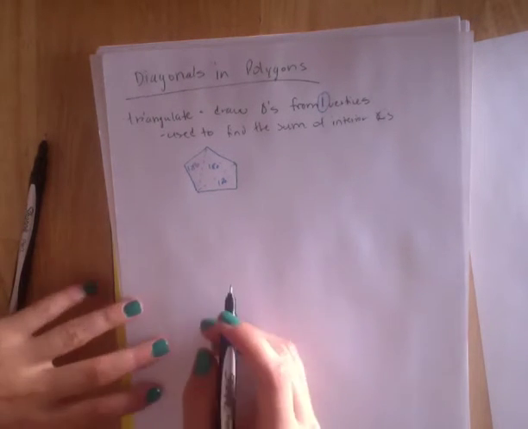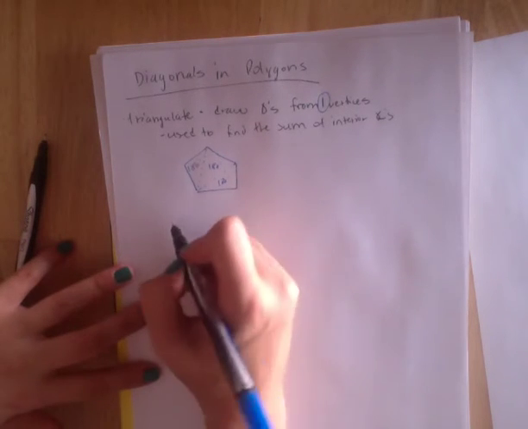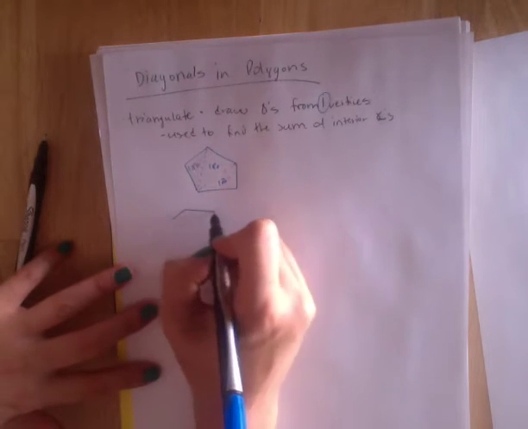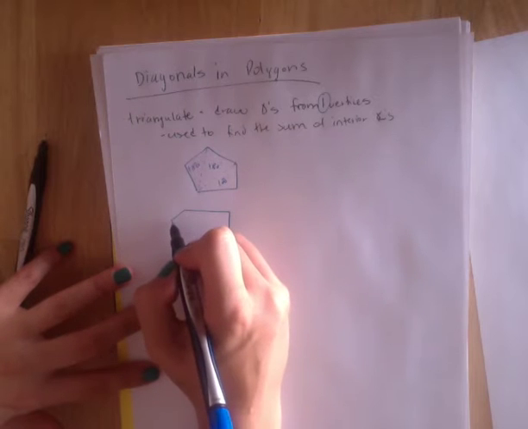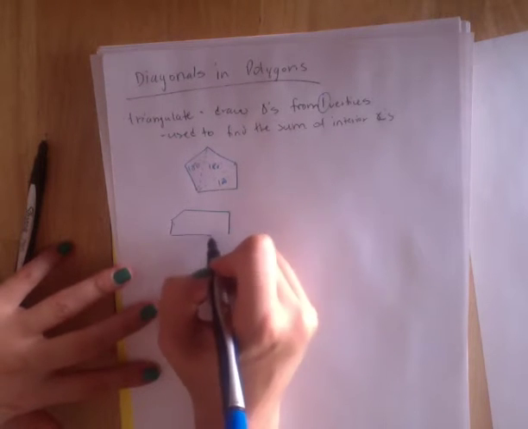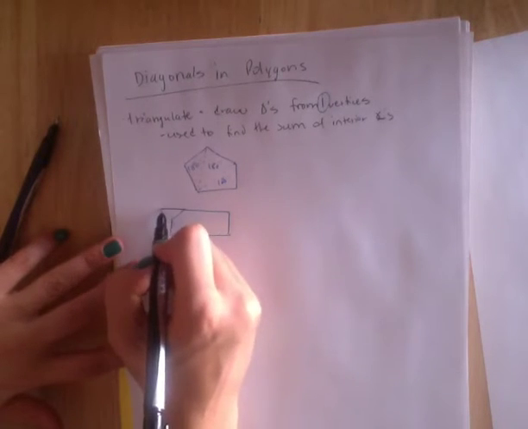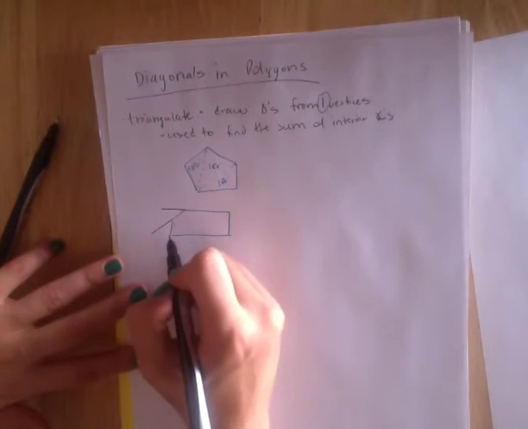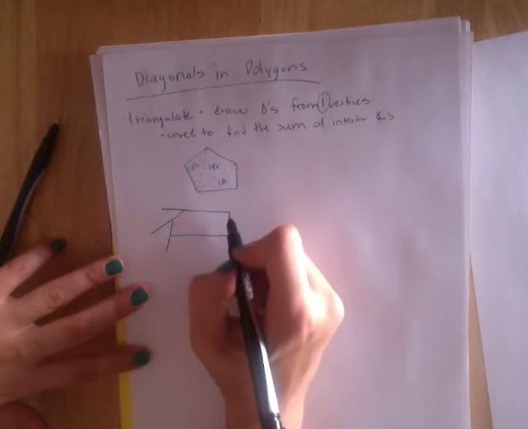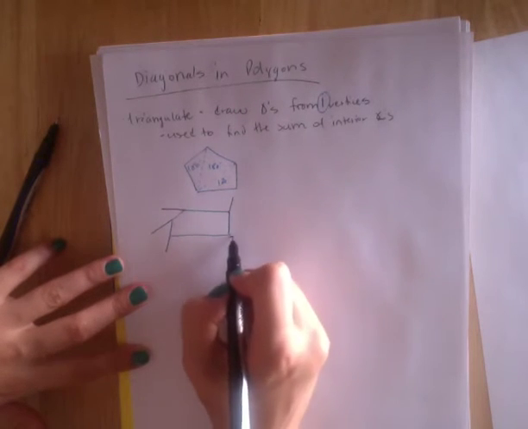Okay? Now, let me draw another polygon for you. Okay, if I had this and I had these exterior angles, to give you an idea, right?